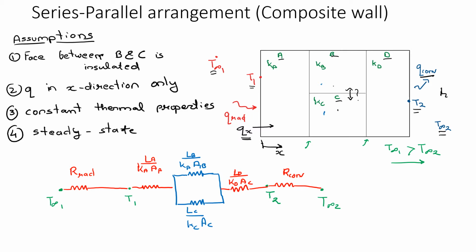You can have a problem where it just says that you have a composite wall and there's just heat transfer due to conduction. So you'll just have resistance due to A, B, C, and D, and you won't have resistance due to convection and radiation in that scenario. So be careful while you read your problem and identify how many and what kind of resistances you have.